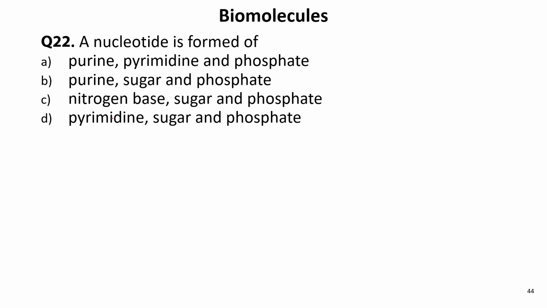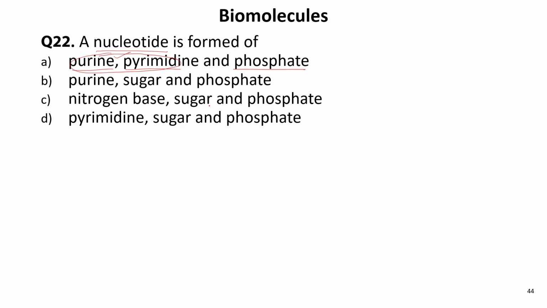Next question. Nucleotide is formed of: purine, pyrimidine and phosphate, which are the nitrogenous groups, both purine and pyrimidine, and phosphate group, but no sugar. Next option, purine, sugar and phosphate. Nitrogen base, sugar and phosphate. Pyrimidine, sugar and phosphate.